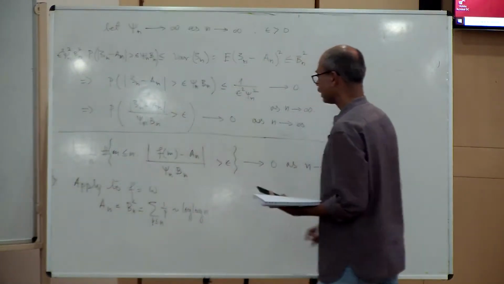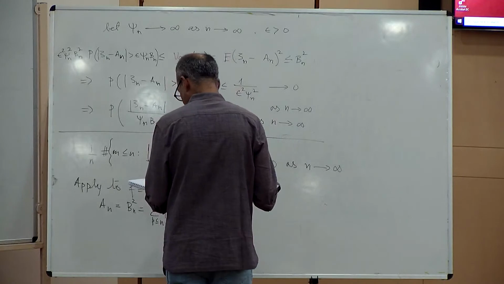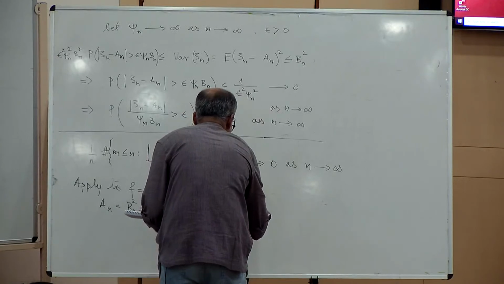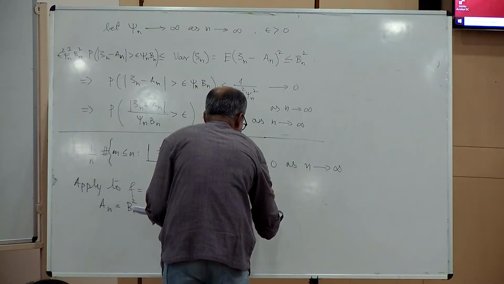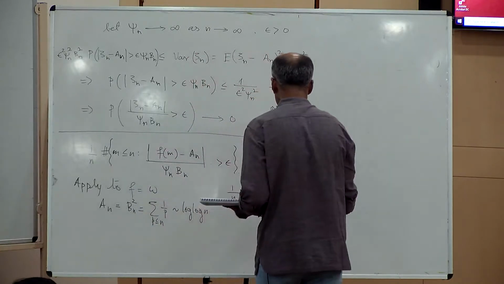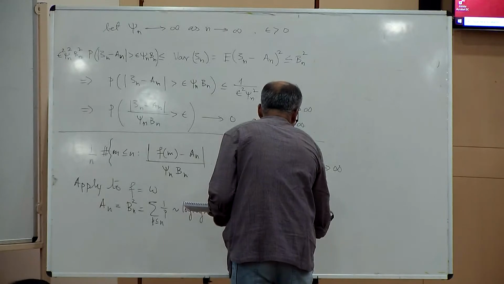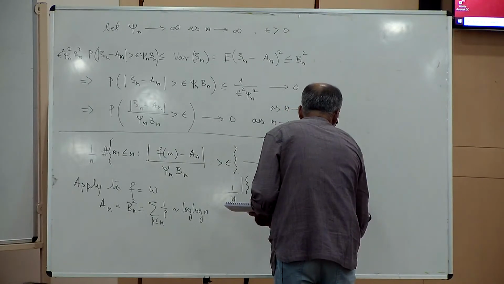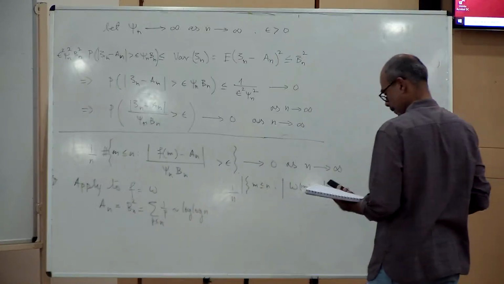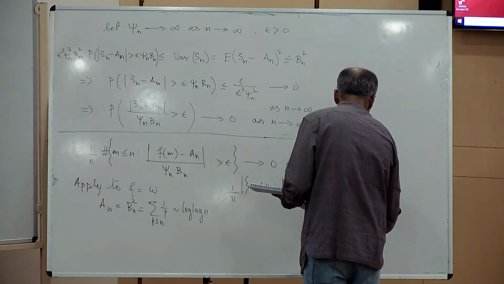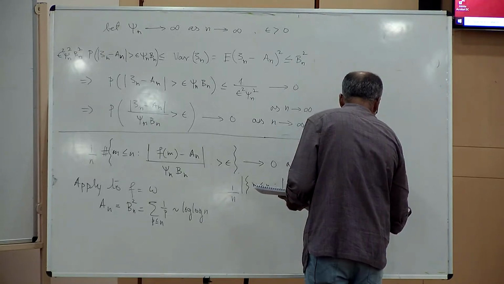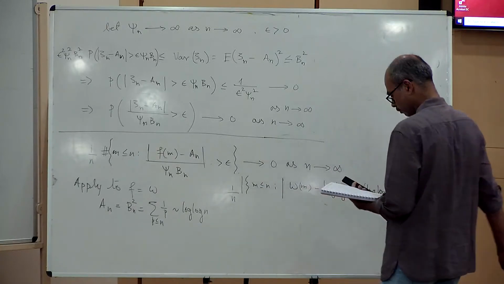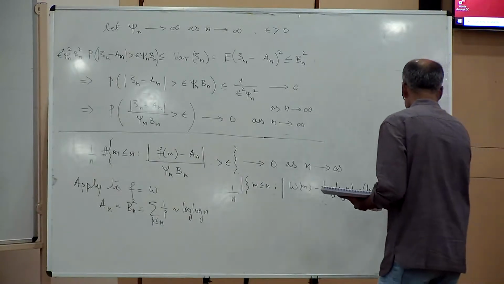And so, using this, we would get the following statement. 1 over n times the cardinality of integers less than or equal to n such that omega m minus log log n is greater than log log n to the half plus epsilon.